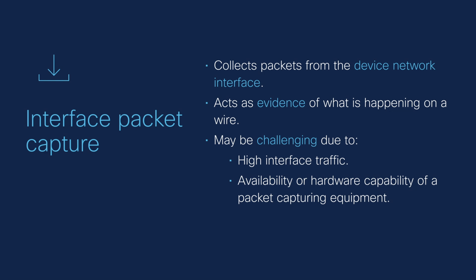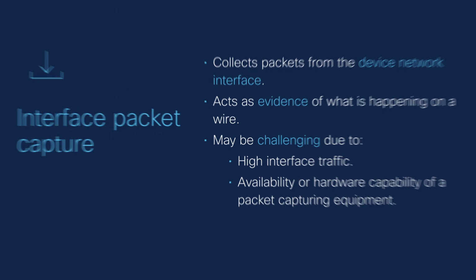So, what other options do we have when both process debugs and interface capture tools cannot provide us with the answers we are looking for? I'm glad you asked. In this first episode, I will show you a less-known technique for collecting control plane packets with the built-in tcpdump tool.